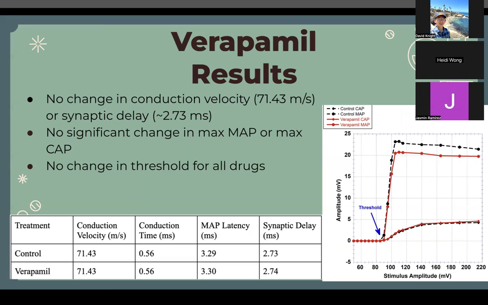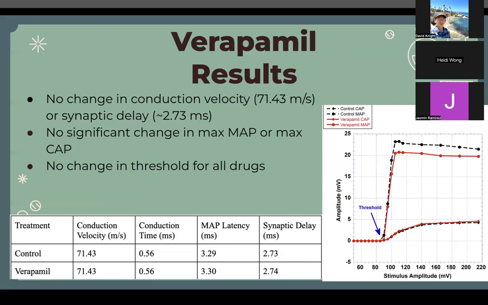But verapamil blocks the L-type calcium channels rather than the PQ type channels. And that means that the MAP amplitude would remain unchanged because verapamil does not have a direct role in changing the amount of acetylcholine binding to the nicotinic muscle acetylcholine receptors. And MAP is directly proportional to the amount of available acetylcholine.